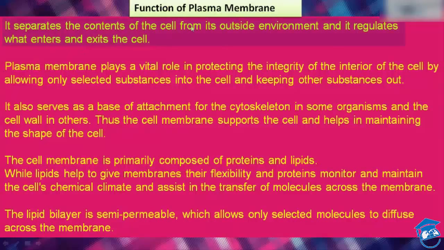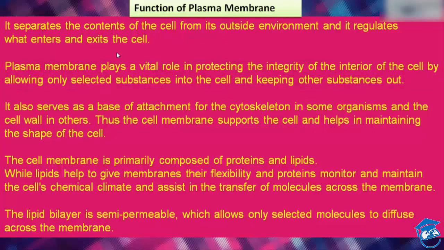First, it separates the content of the cell from its outside environment, and it regulates what enters and exits the cell. The plasma membrane plays a vital role in protecting the integrity of the interior of the cell, and it allows only selected substances into the cell, and thus it keeps other substances out.